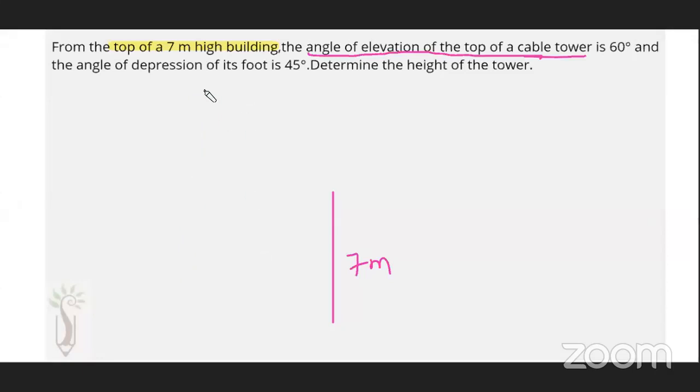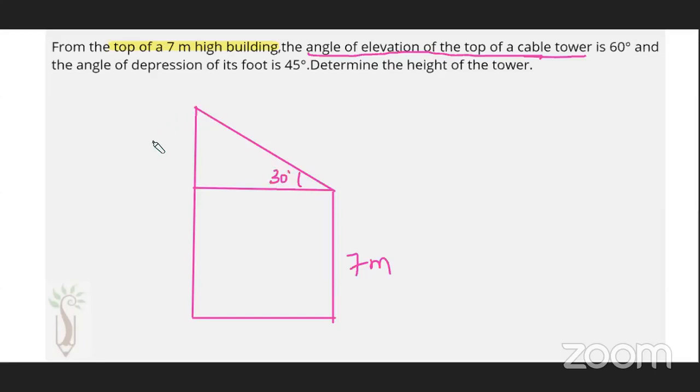Yes, ma'am. If it is shorter, then I'll be looking down for both the top and the bottom. If I observe the top and the bottom of the tower, then both would be depression. But here one is elevation and one is depression. That means the tower is higher than the building. So this is the first section for angle of elevation. Kalpana and Shirisha, are you clear with this?